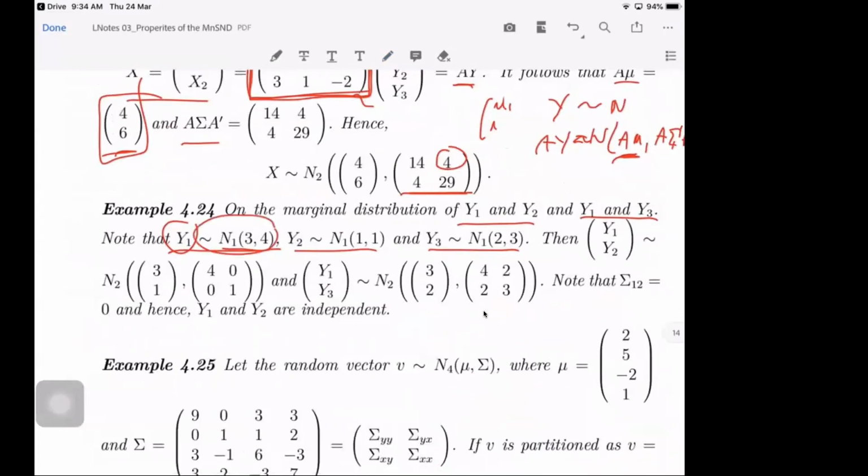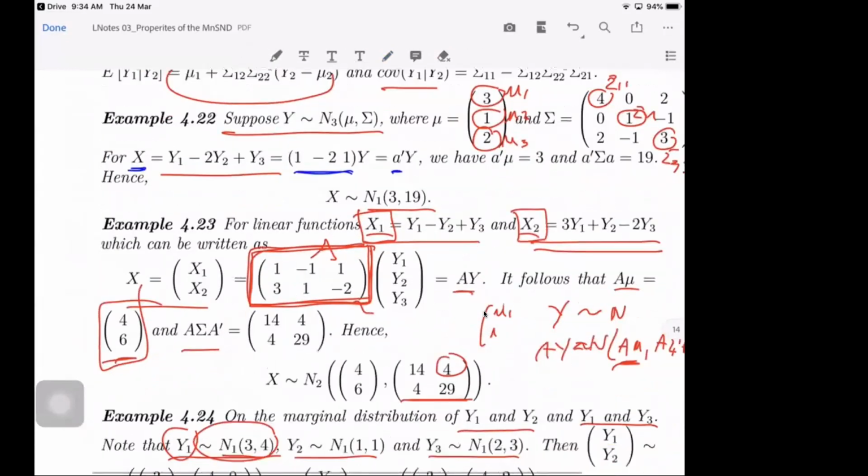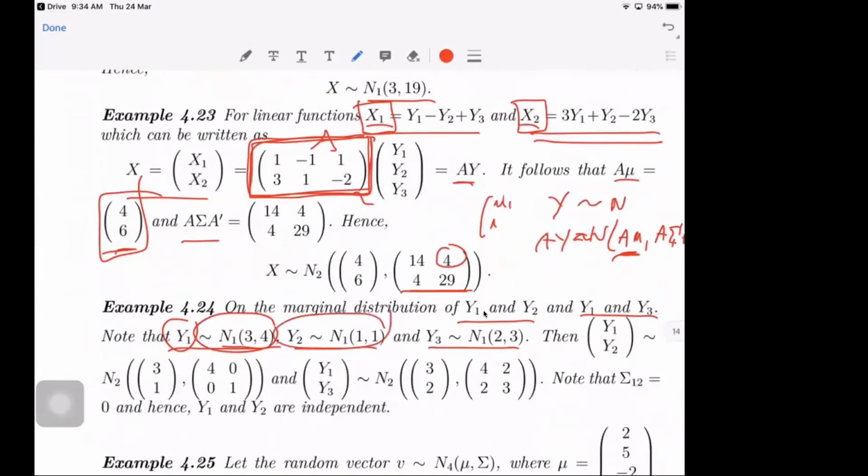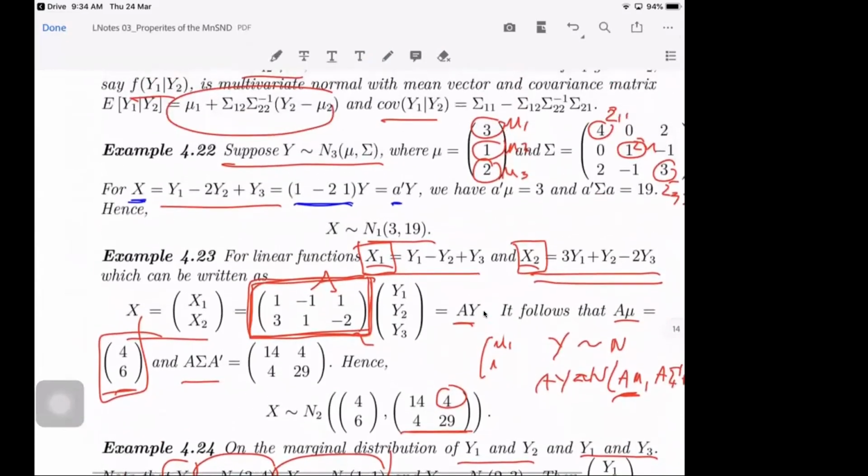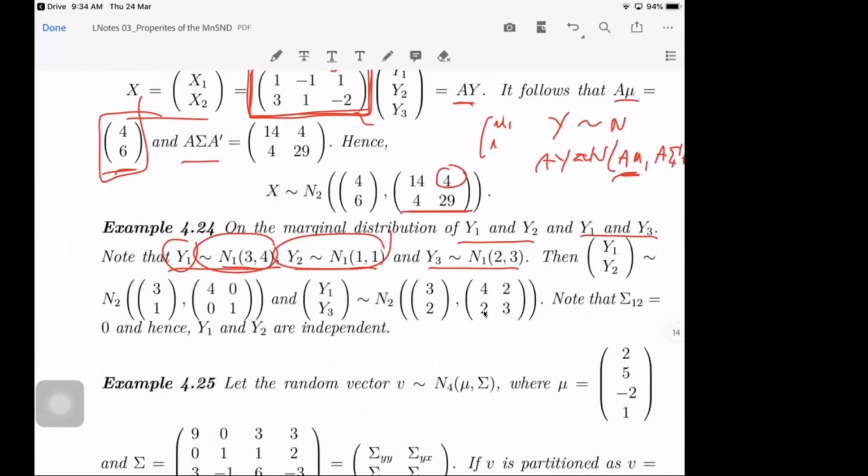Y2 is (1, 1), which is this. And Y3 is (2, 3), which is this. So all of this example has those matrices and vectors as its reference.